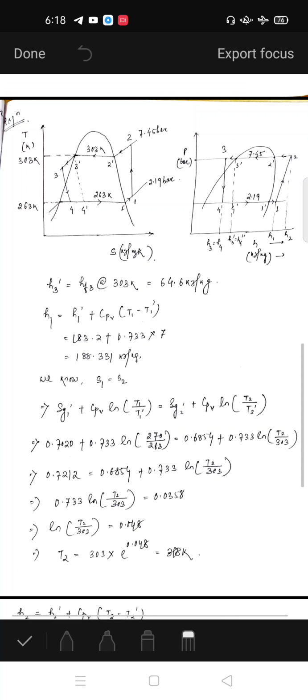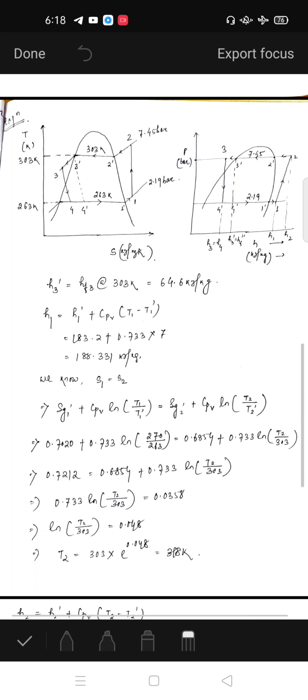So first you find the enthalpy at different points. First you can find the enthalpy at point 3 dash. So H3 dash will be Hf3 at this temperature of 303 Kelvin, and from the table you can find this is 64.6 kilojoule per kg.